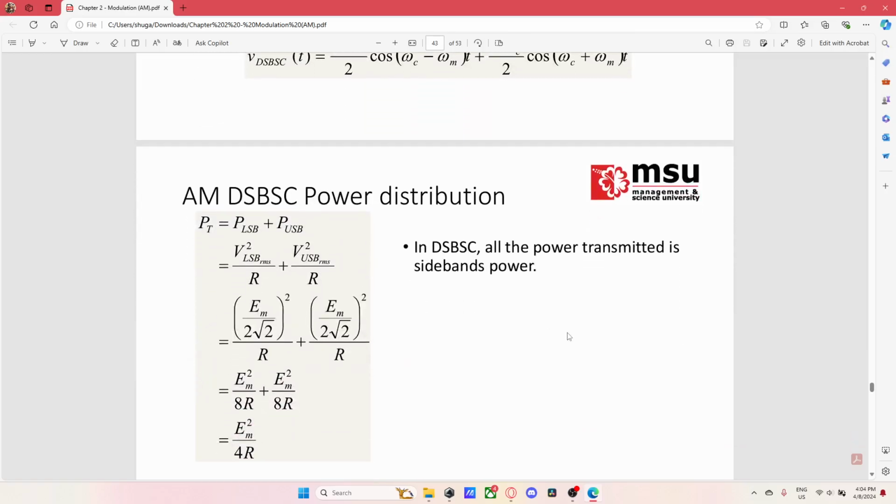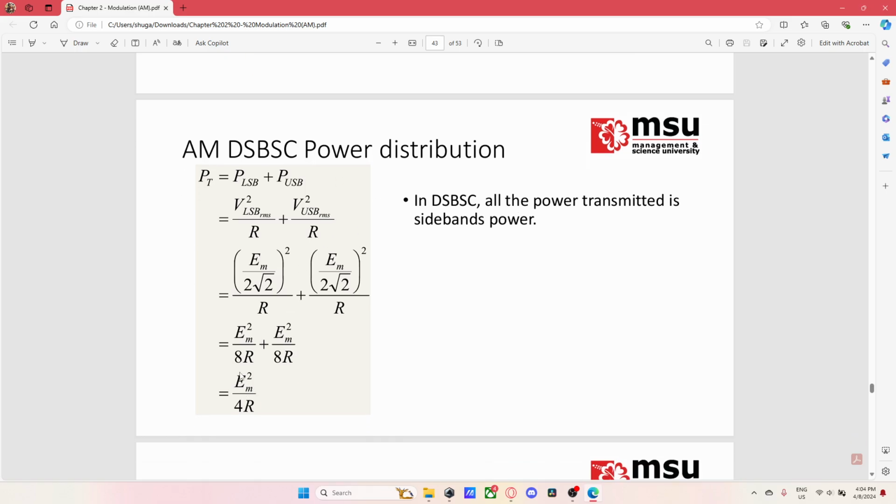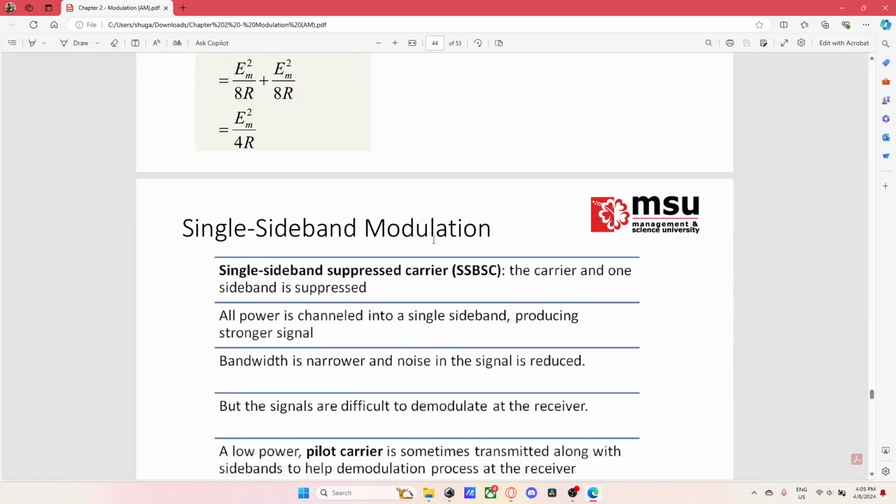So when FC is removed, PT should also be only PLSB plus PUSB, which results in the equation E squared over 4R. So all the power is transmitted in the sidebands only. The power is not wasted on FC because FC is removed.